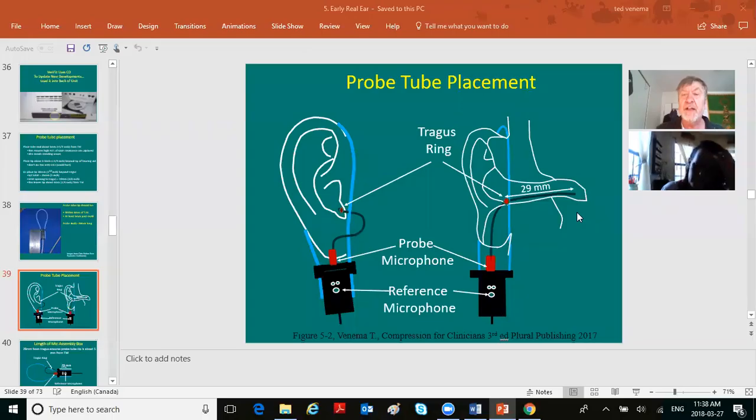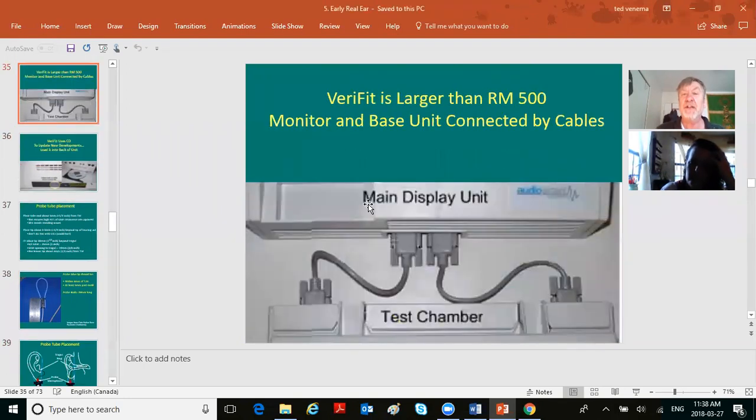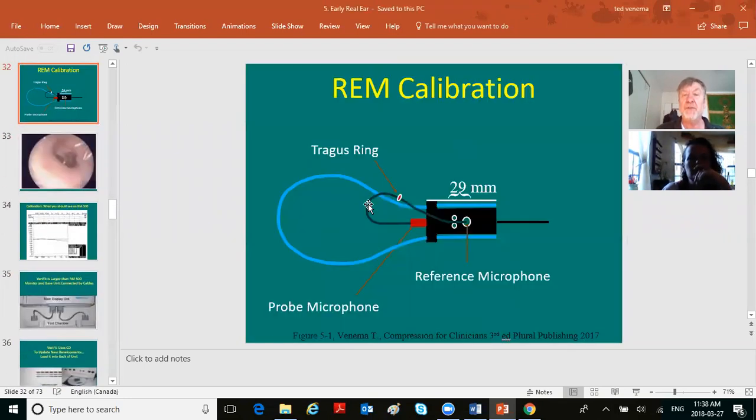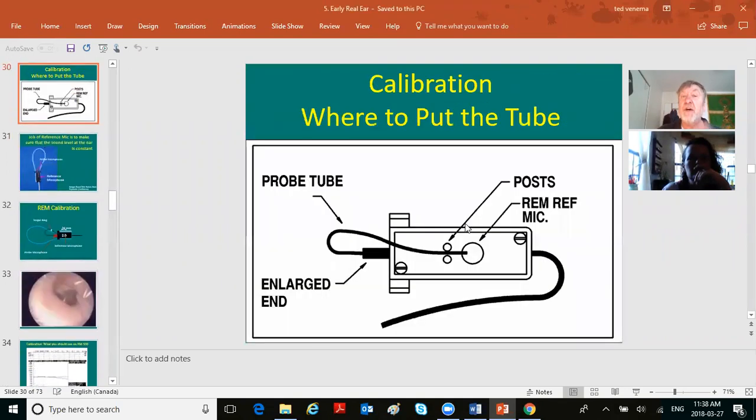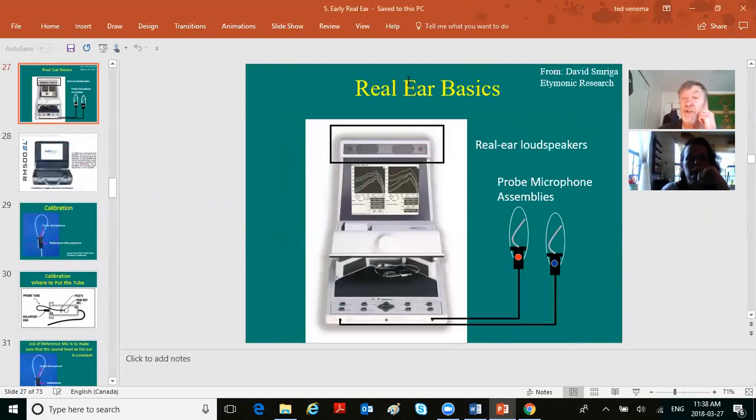So that's one thing. And the other thing, of course, is calibration. And calibration, we said last week, is done literally to remove the effects of the tube itself. I'll show you that here. So, okay, here's the reference mic. It's measuring the sound coming out of the speakers of your system, and these are hanging around your ears.